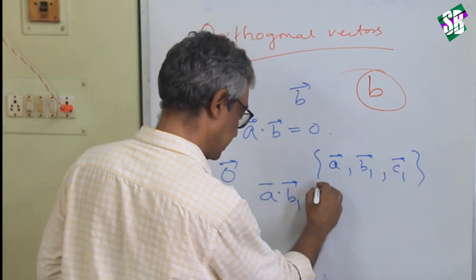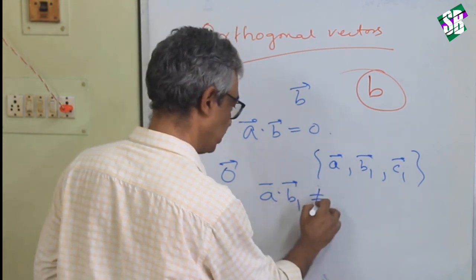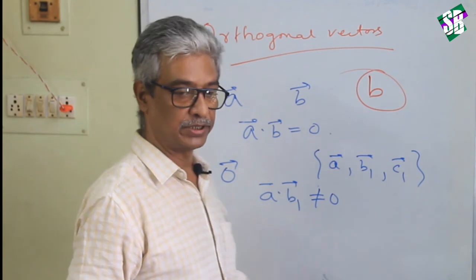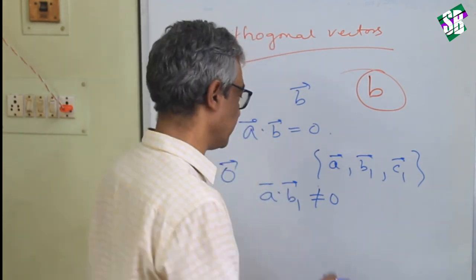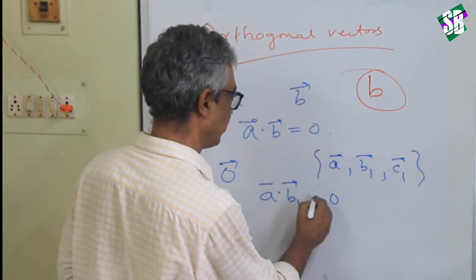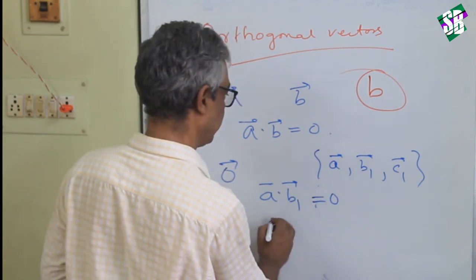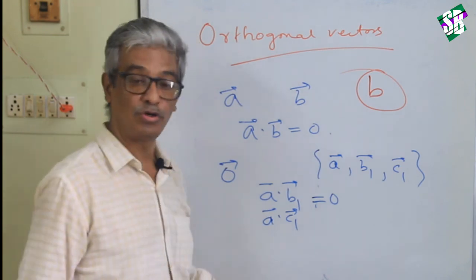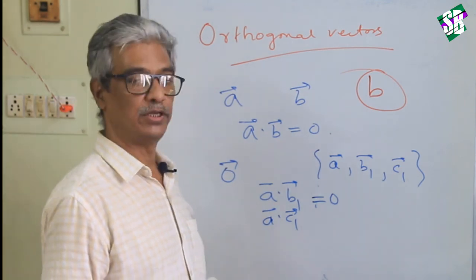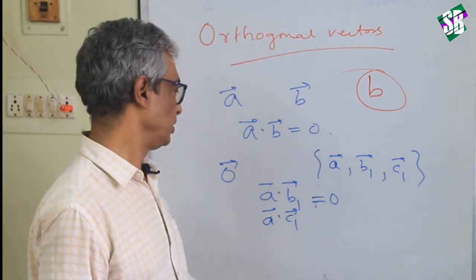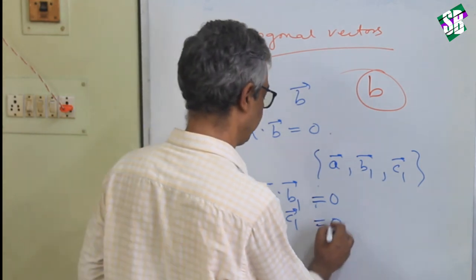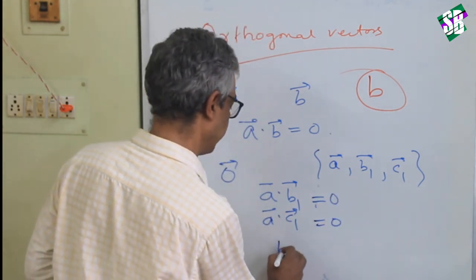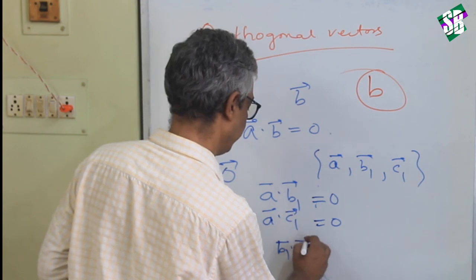If it comes out that this is not equal to 0, then option A cannot be correct. But if it is 0, then you have to proceed further. Then do A vector dot C1 vector. If it is not equal to 0, then option A cannot be true. But if it is 0, then you have to do one more thing, that is B1 vector dot C1 vector.